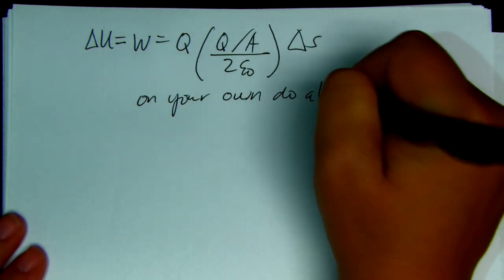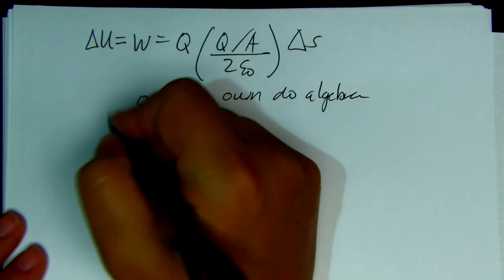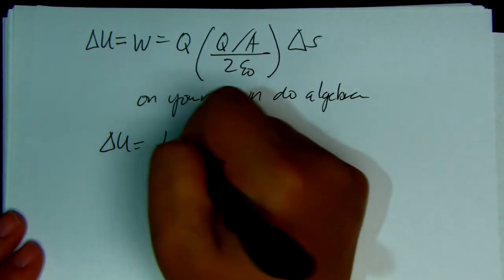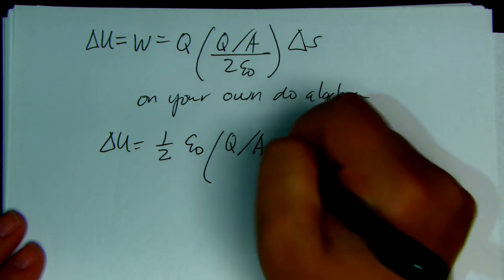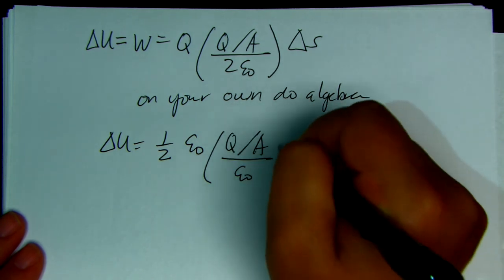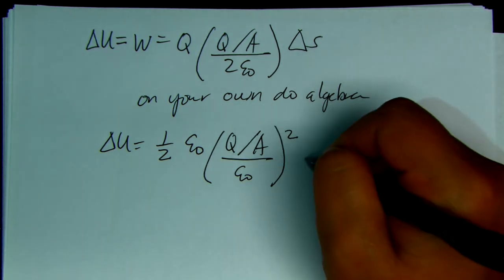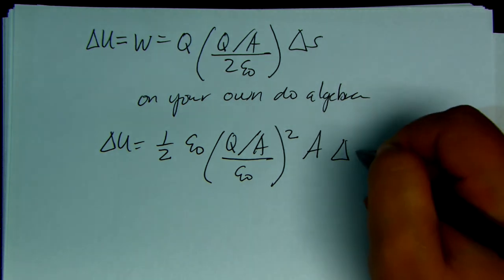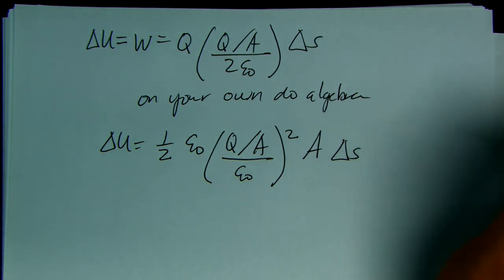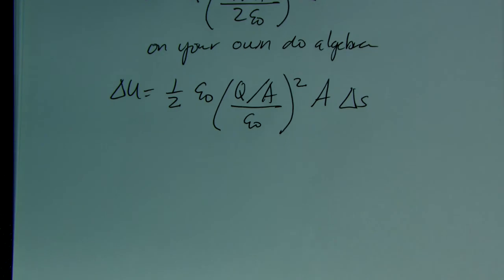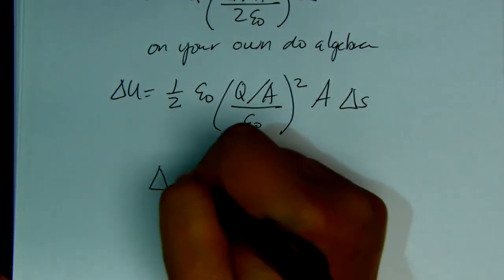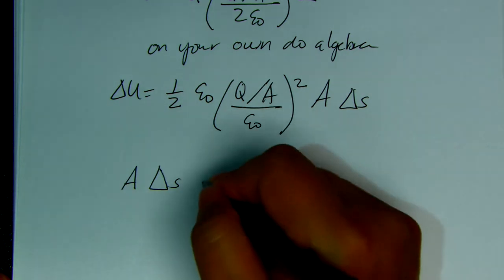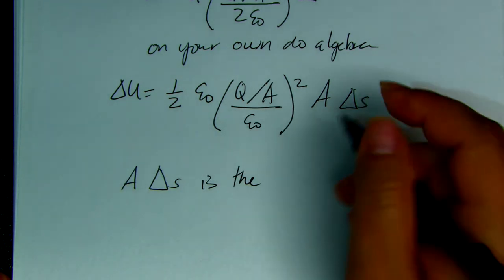And this becomes, and on your own, do algebra. Delta U is equal to 1/2 epsilon naught Q over A over epsilon naught squared A delta S. And A delta S is the change in volume.